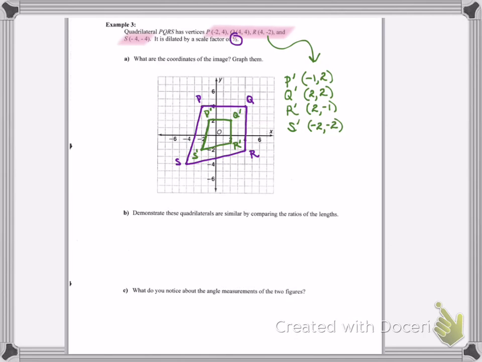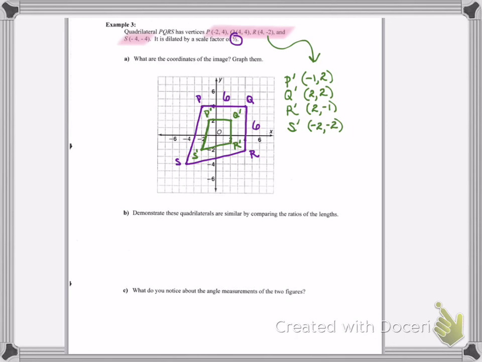And now for part B, what we want to do is demonstrate that they're similar. So you want to look at the ratios of the lengths. If we go back to the original quadrilateral, side PQ was 6 blocks long, and side QR was also 6 blocks long.